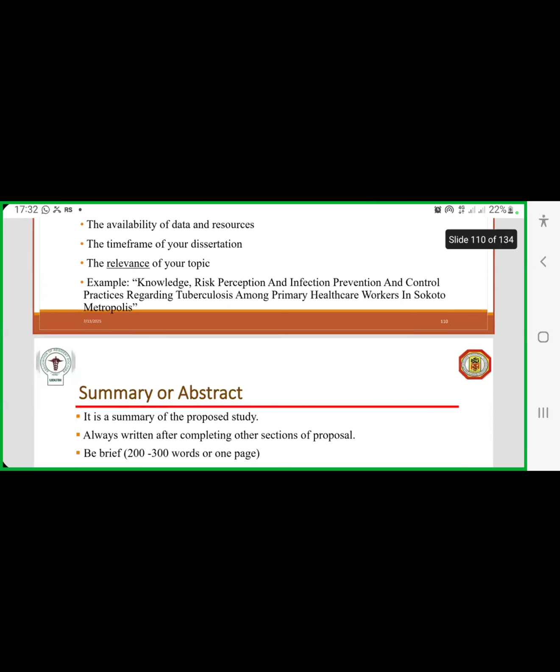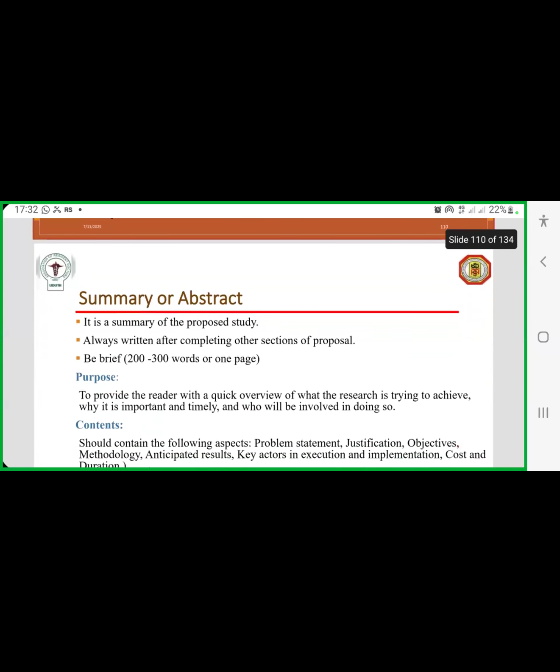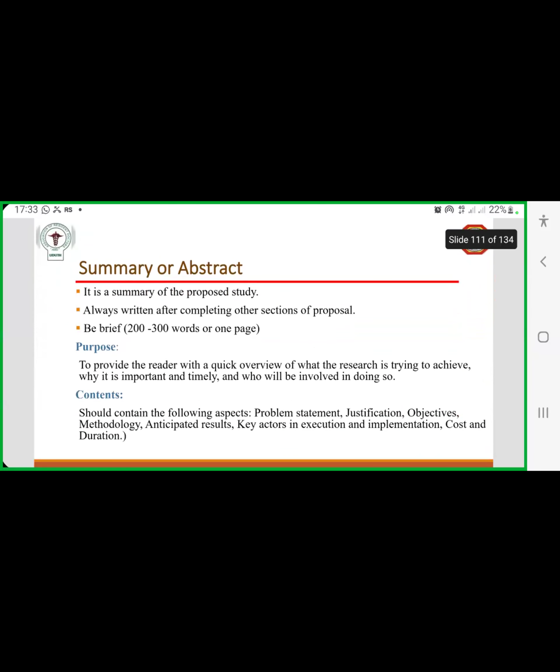So after the title, the next thing is the summary or abstract. Abstract is the summary of what you want to do. It's the summary of everything, all your research, from the introduction, literature review, the methodology, and the analysis.